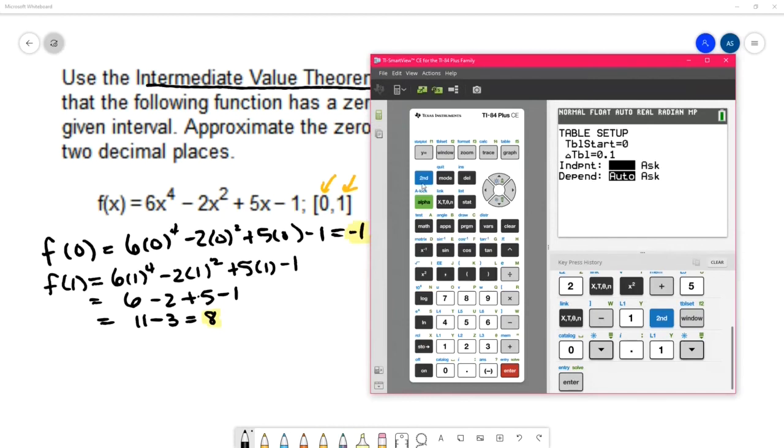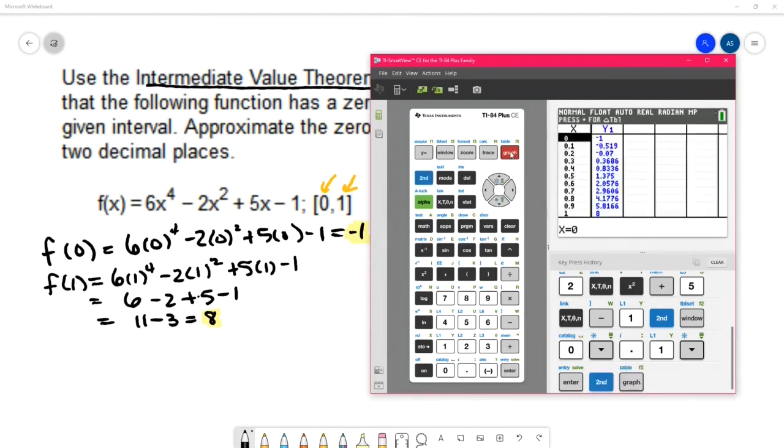So I'm going to go into the table now, and you can see that my x's start at 0 and then start increasing by 0.1. Now again, I want to use my intermediate value theorem. So let me get a screenshot of this table so that we can write on it.